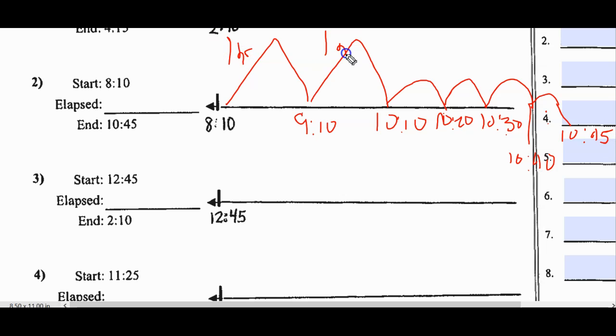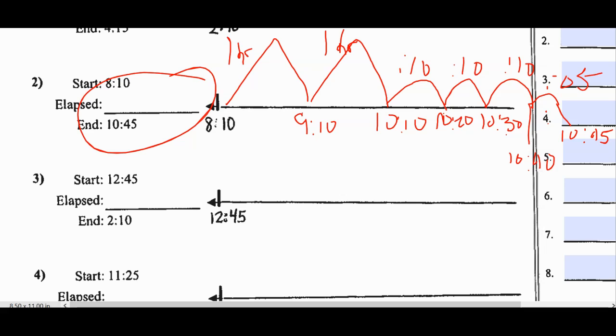Okay, so I had 1 hour. I had another hour here. Here I had 10 minutes, another 10 minutes, another 10 minutes. And then this one was 5 minutes. Go ahead and write your answer right here, and then I'll tell you what we got based on that. Let me pause it.